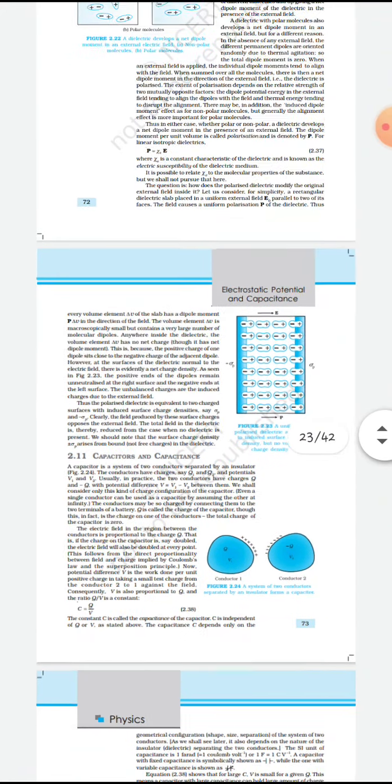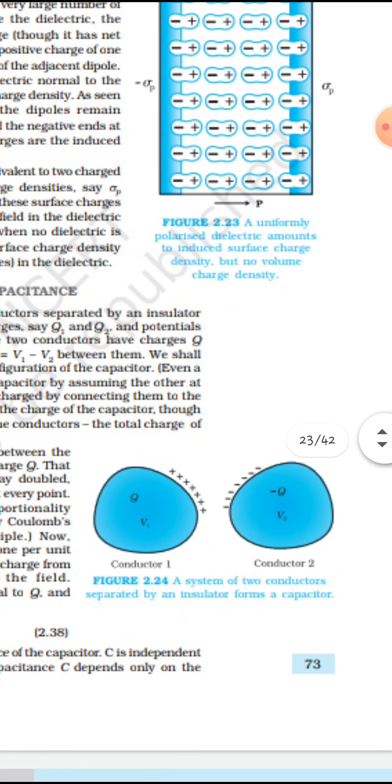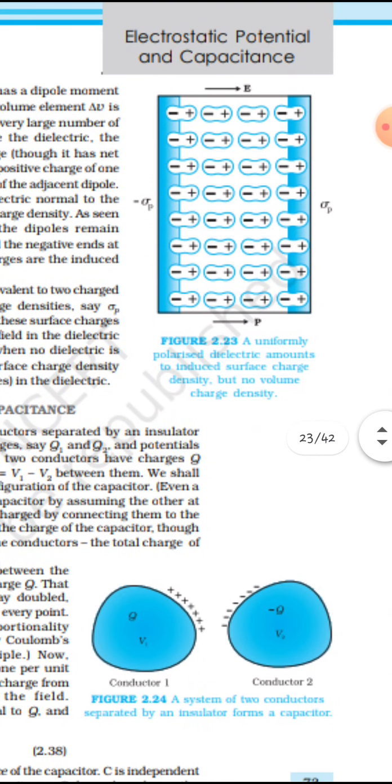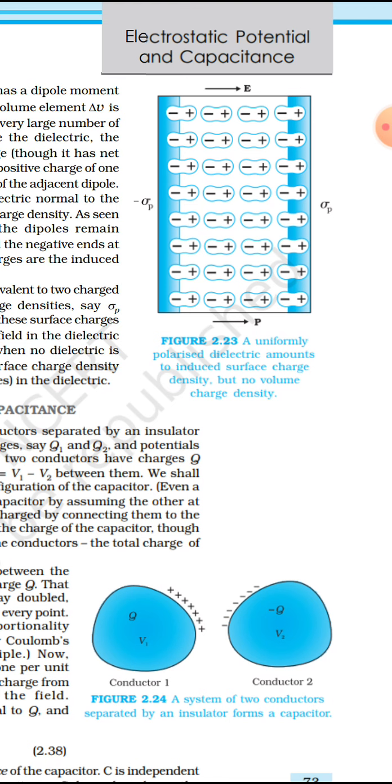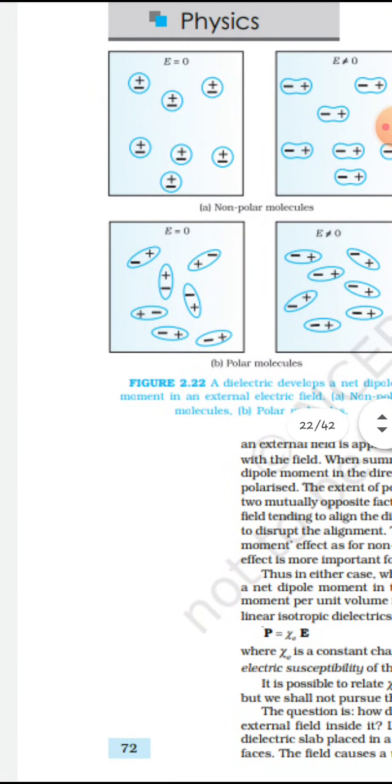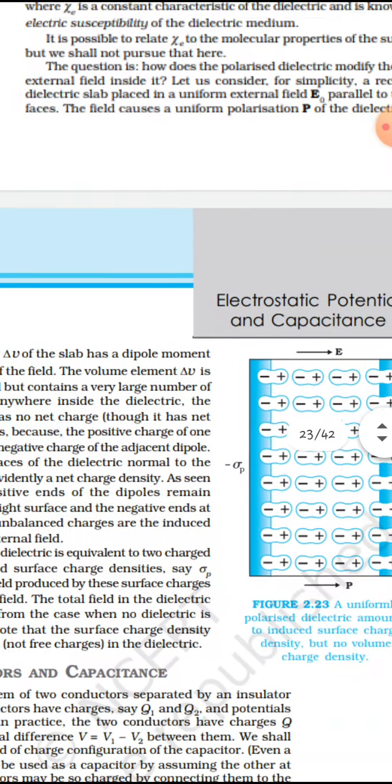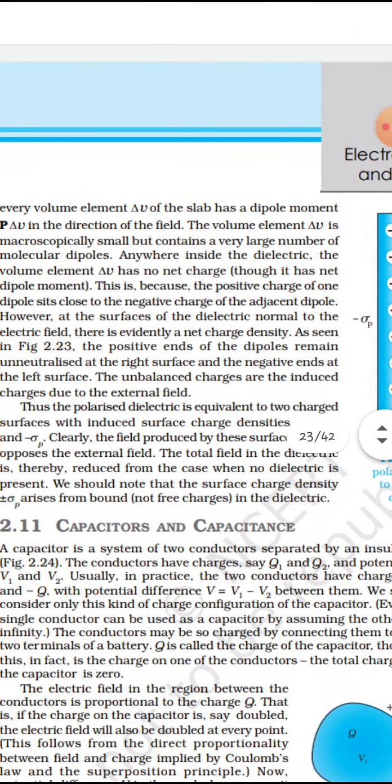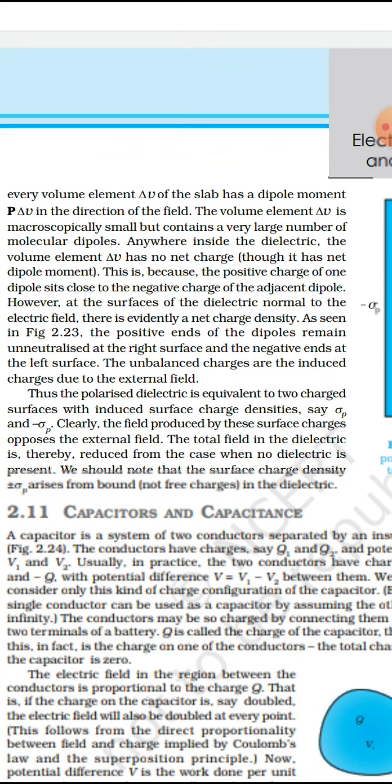A uniformly polarized dielectric amounts to a surface charge density but no volume charge density. See here, the dipoles are aligned, with minus theta and plus theta, all beside each other. If they are beside each other, the electrostatic field is not equal to 0. This is because the positive charge of a dipole sits closely towards the negative charge of the adjacent dipole.